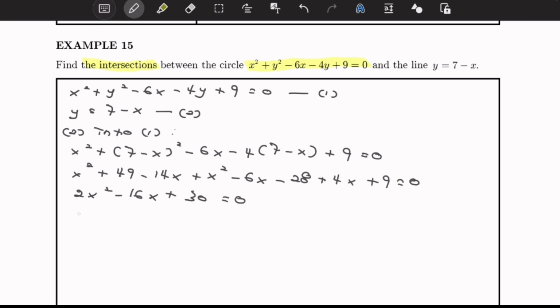Divide everything by 2. So we'll have x squared minus 8x plus 15 equals 0. Factorize this: (x minus 3)(x minus 5). So now we have two values of x, which is x equals 3 and the other one x equals 5.